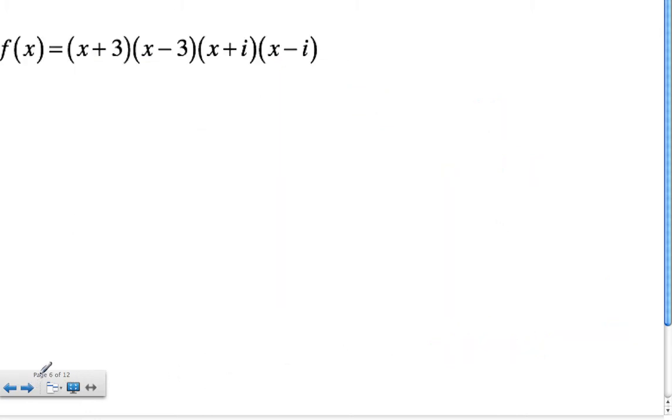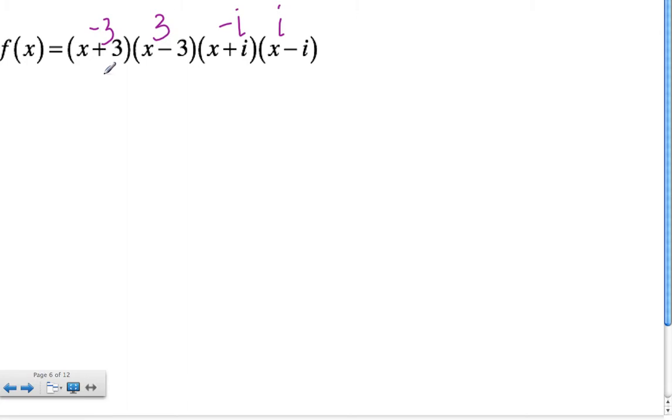This one is a little bit more daunting in that it's going to be an x to the 4th equation because I have 4 zeros. I have 4 roots here, one being negative 3, one being positive 3, negative i, positive i. And it's not that difficult to find out what this x to the 4th equation is if I choose the right two to multiply together at the right time.